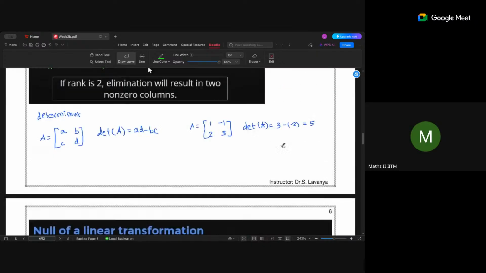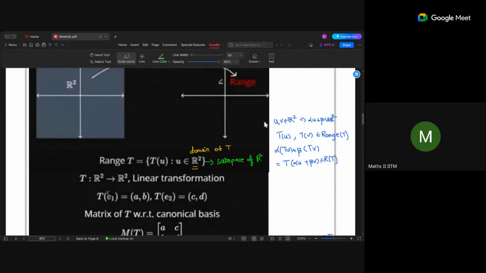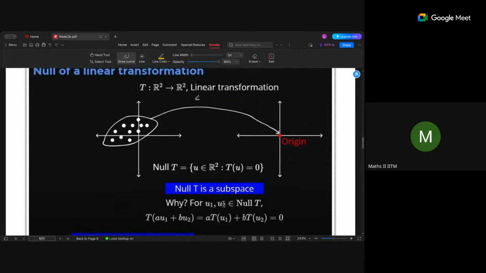The basic difference between range and null is that range is a subset of the codomain, but null is a subset of the domain: the set of all vectors in the domain such that Tu is equal to 0.